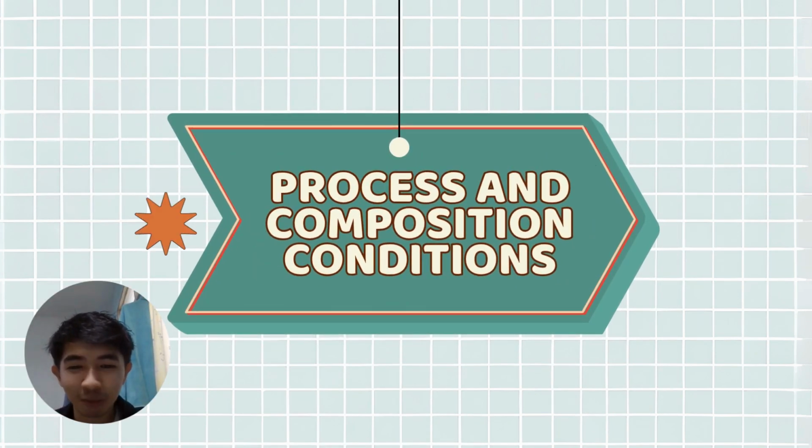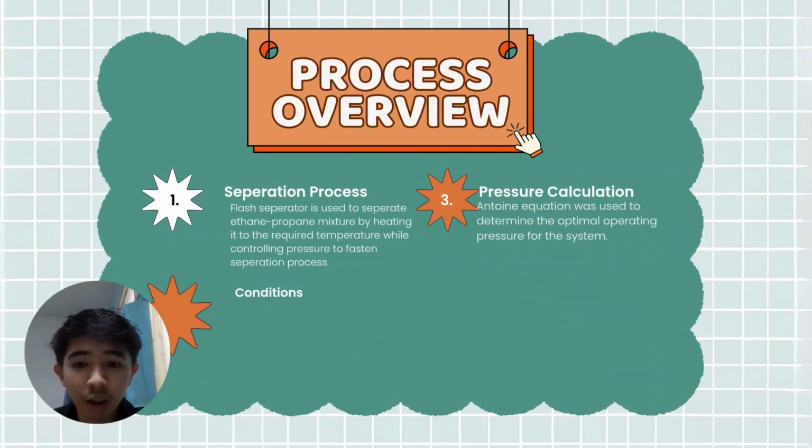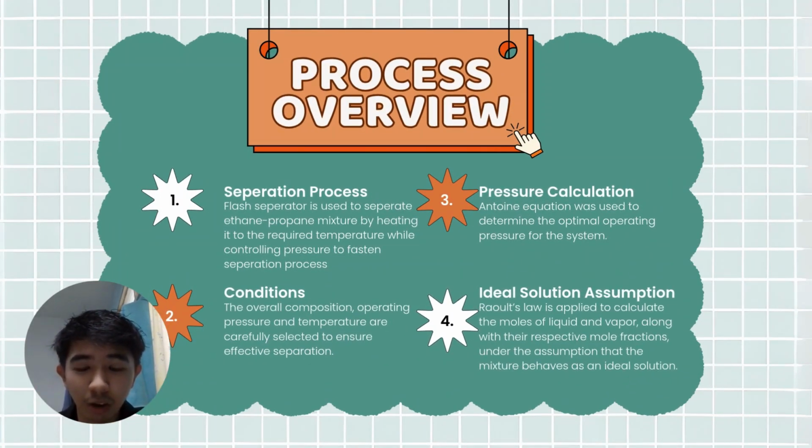So next we will be moving on to process and composition conditions. So here's our overall process of this project. First we will determine the temperature and pressure. The temperature is based on the normal boiling point of ethane and propane, and we will take the midpoint of it. This also applies for pressure.